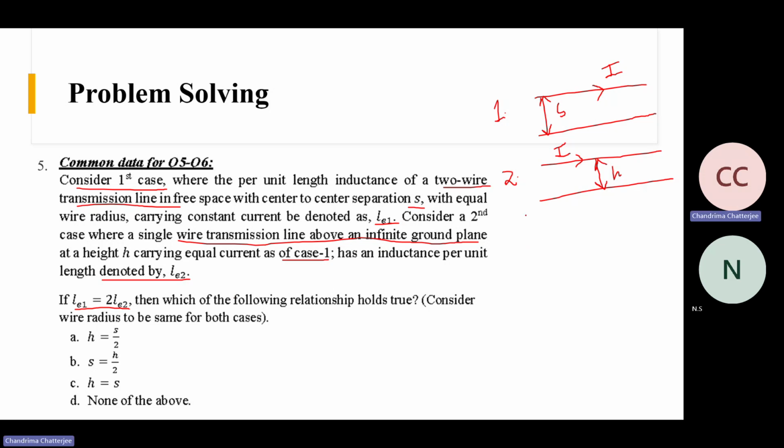We just discussed that for a two-wire system, the per unit length inductance is 0.4 ln S upon Rw. This is LE1, as per case 1, in microhenry per meter.